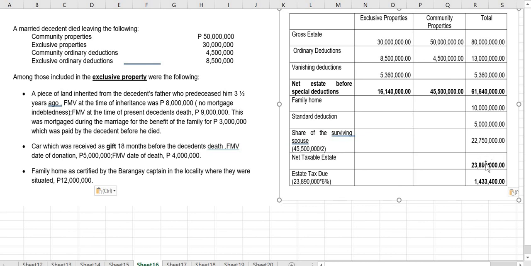So we have 23,890,000, which is your net taxable estate. So the estate tax due is actually 6%, right, of your net taxable estate. So 23,890,000 times 6%, that's your estate tax due. Okay? So that's it.